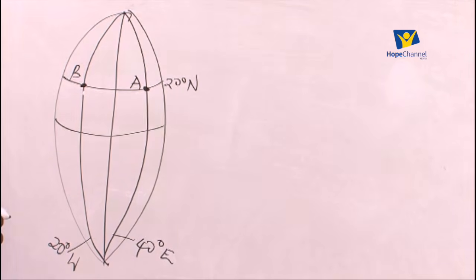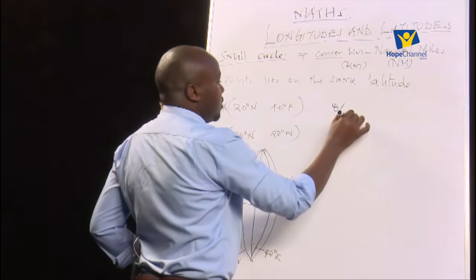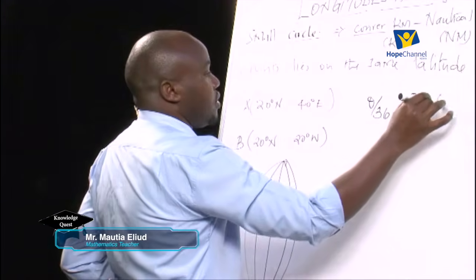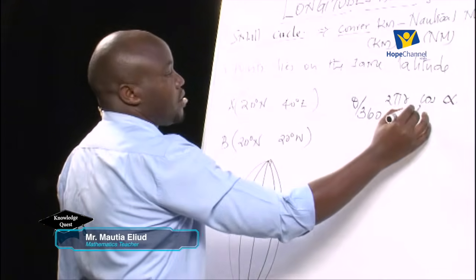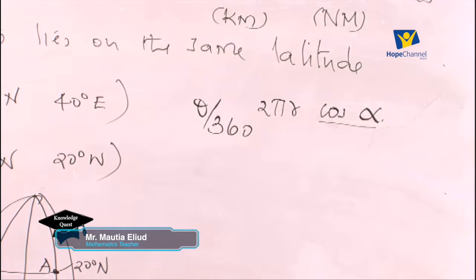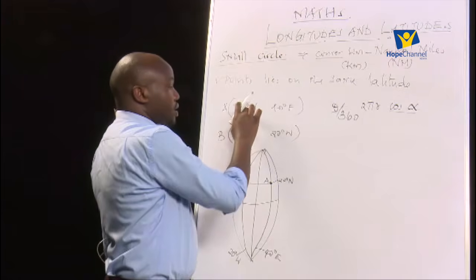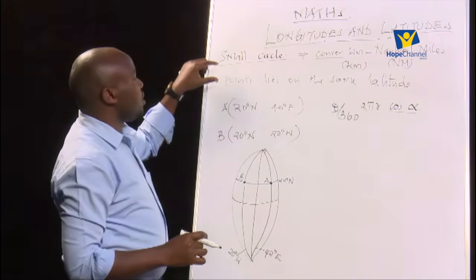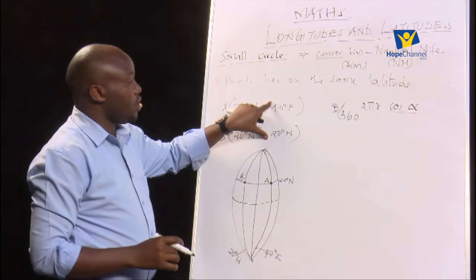The formula for this is theta over 360 times 2 pi r cos alpha. So the additional thing under small circle is cos alpha. Theta, I said you get the difference between these points. Since we're now dealing with a small circle, we get the difference of the longitude.